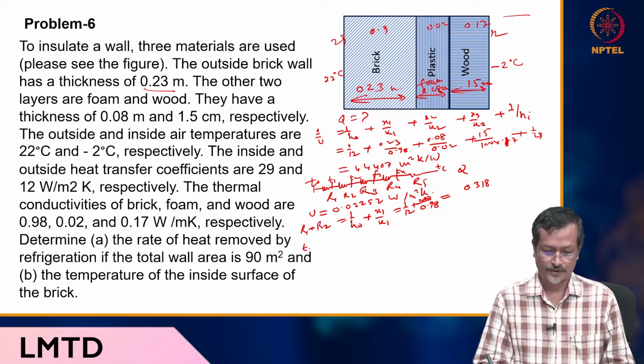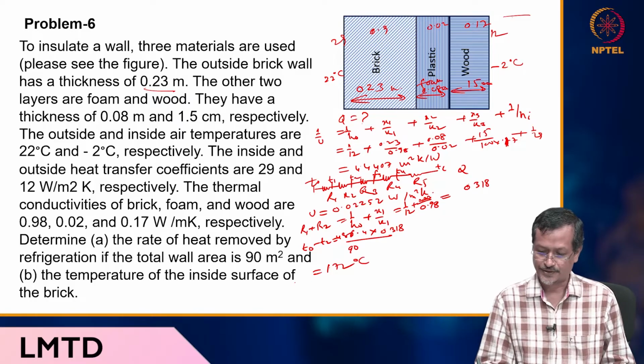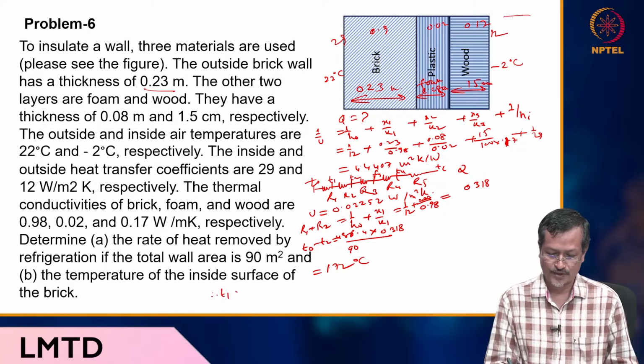Now TO minus T2 equals 486.4 into 0.318 divided by 90, equals 1.72 degrees centigrade. So T1 equals 22 minus 1.72, which is 20.28 degrees centigrade.